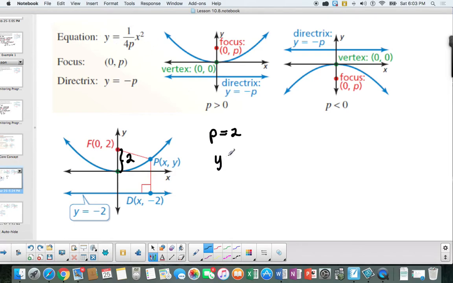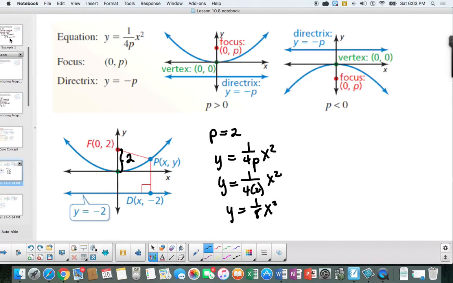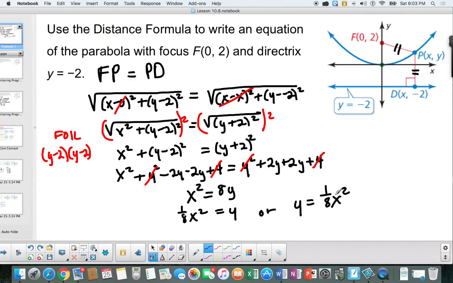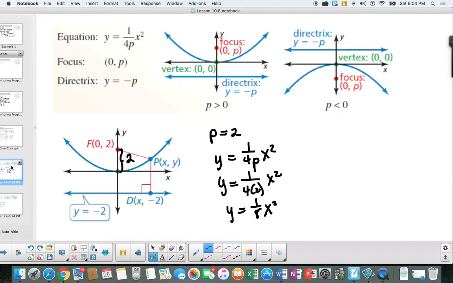So I'm going to write y is equal to 1/(4p) x squared. And now that I know p is 2, I'm going to get y is equal to 1/8 x squared. Now remember, I got that before with my distance formula right here. So much easier if I can just use that format.